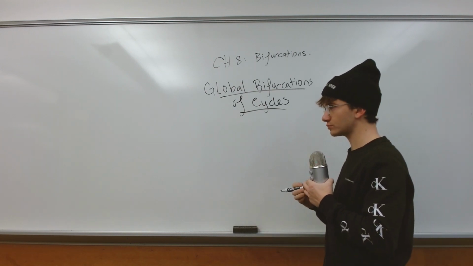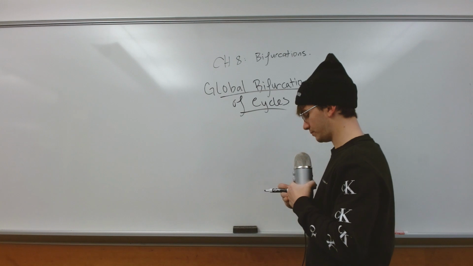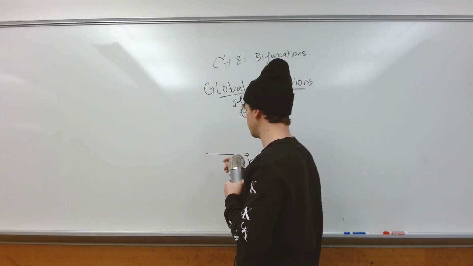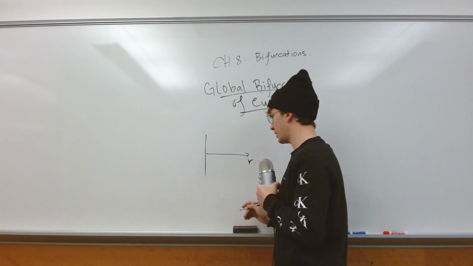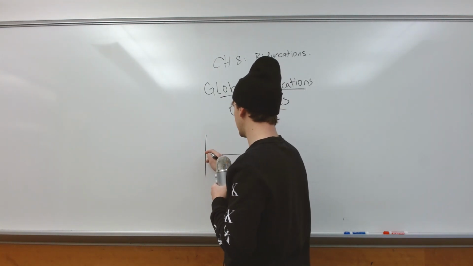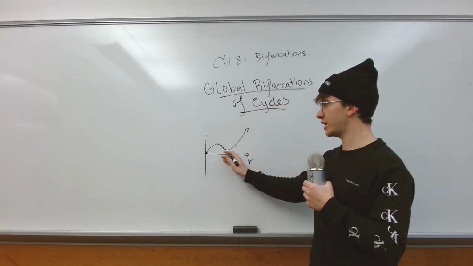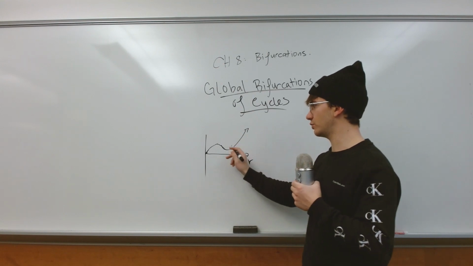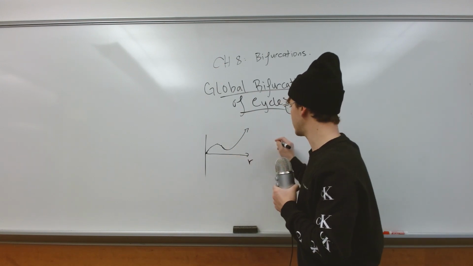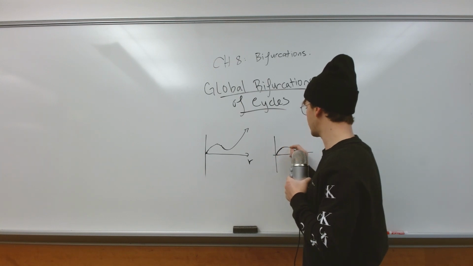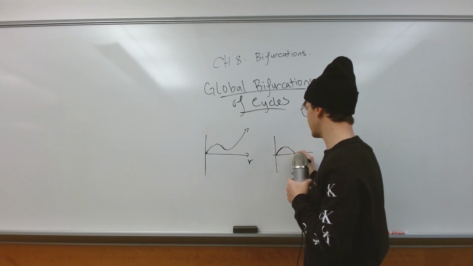So, for example, if I look at the radial direction of a two-dimensional system, say I have something that looks like this, a quintic function, and then I change some parameter, and this dips below the r-axis here, and I get a saddle node bifurcation that's not at the origin.